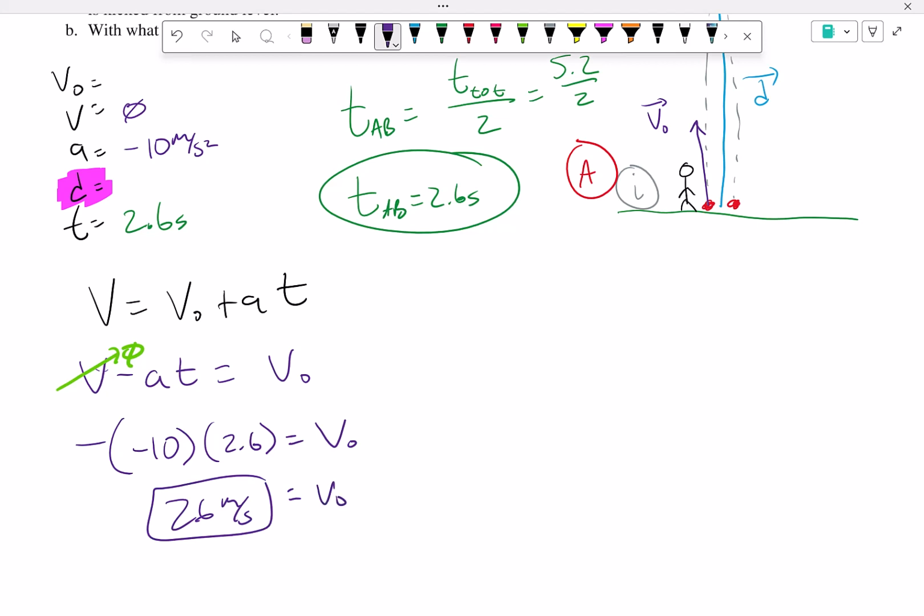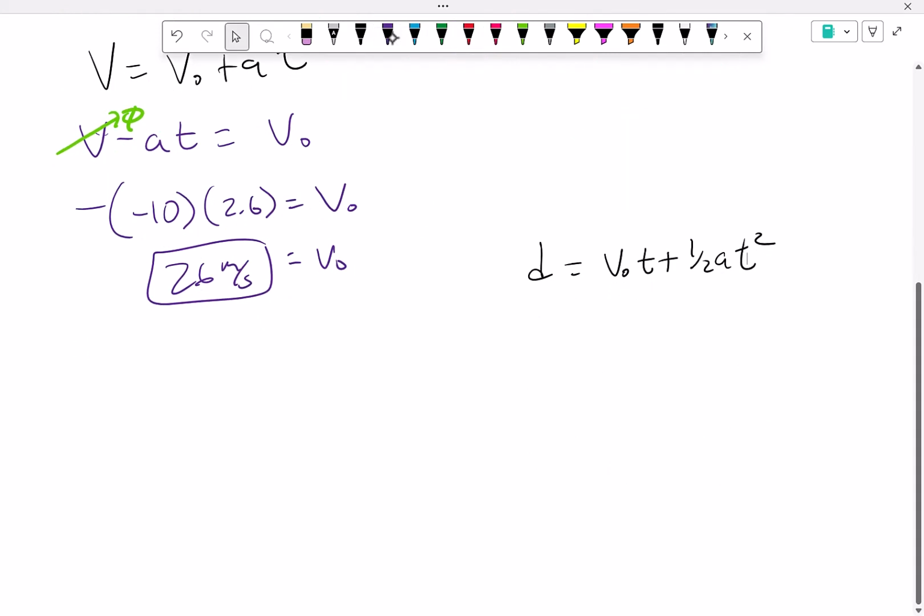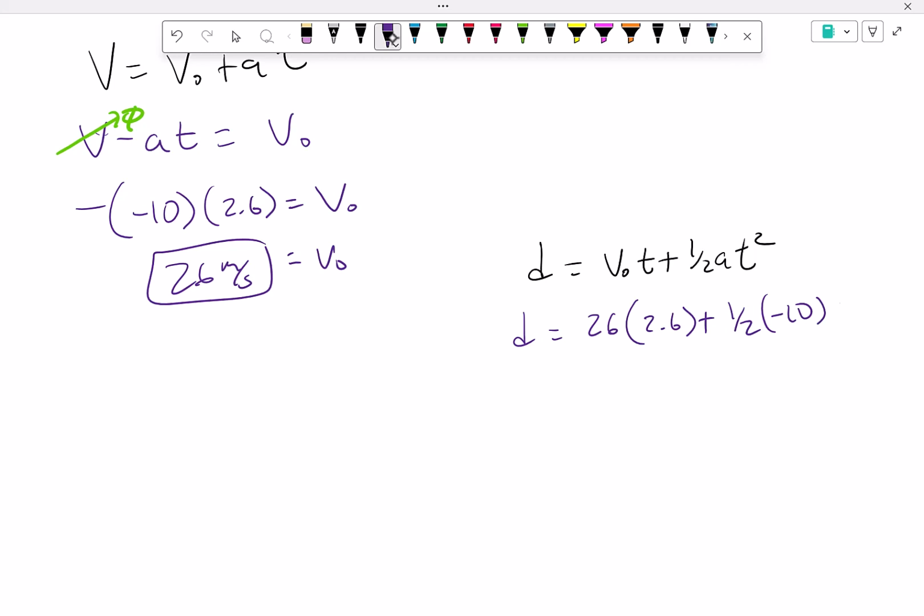All right. And now I'm going to use the beta equation. That's d equals v naught t plus 1/2 at squared. And now I know my initial velocity. So I'm just solving for the displacement. So it's 26 times 2.6 plus 1/2 times -10 times 2.6 squared.